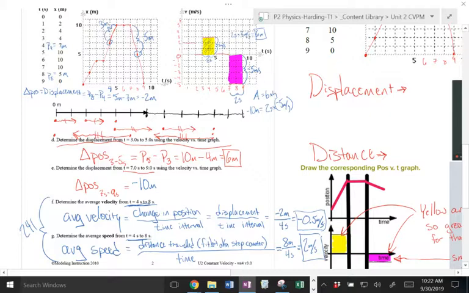So the average velocity is going to take into account that there was a change in direction. The average speed does not care about that change in direction. It's just tracking the total distance that this thing traveled. All right.